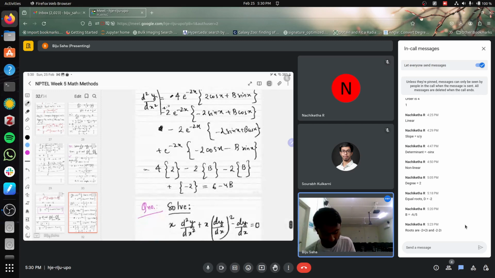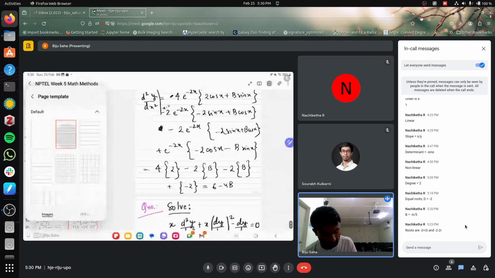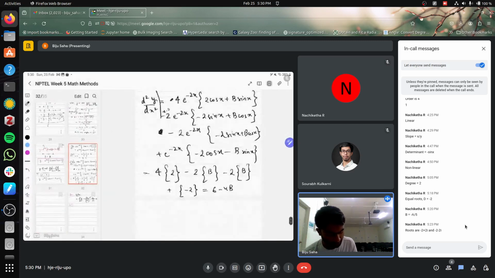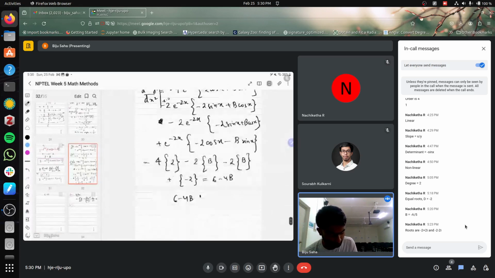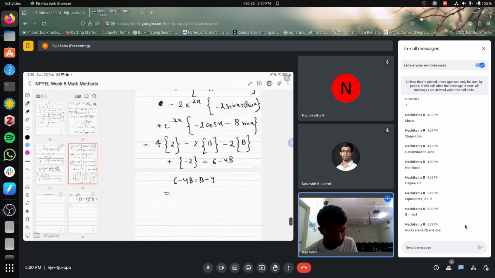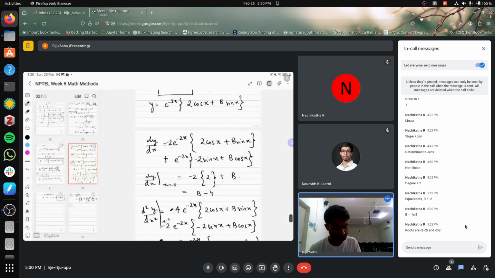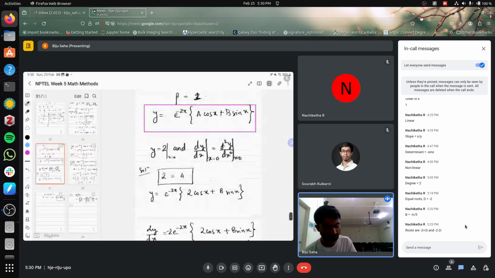Since they are said to be equal as one of the conditions, 6 minus 4b is equal to b minus 4. So 10 is equal to 5b, so b is equal to 2. So a is equal to 2 and b is also equal to 2.